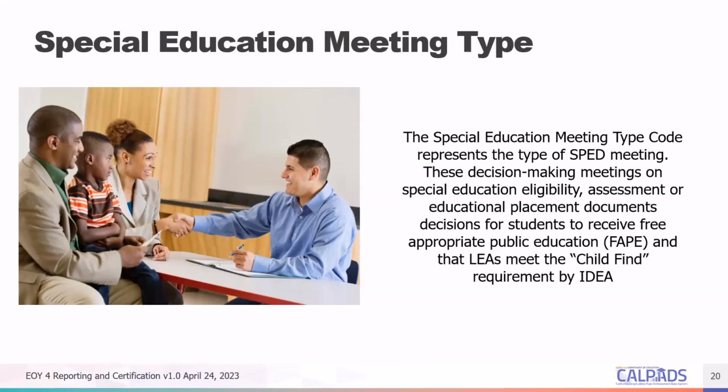That would consist of 2 meetings, right? That would be a 40 and a 20, right? And that would look like an annual and a triennial or a plan review and evaluation. So, in terms of coming out of the SPED file, the special education meeting type is very important, especially when you're looking at records on reports.